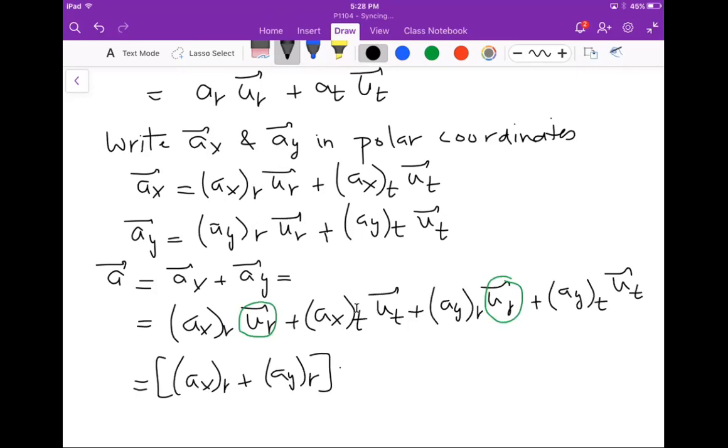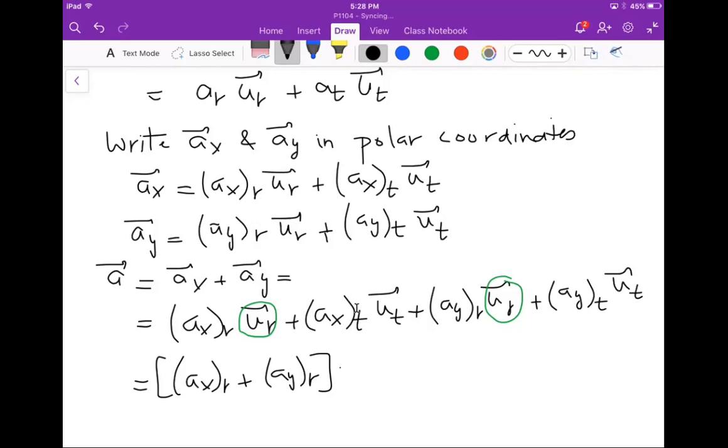times UR. And you can also look at the terms that are along the tangential direction. So you can simply write down plus AXT plus AYT times UT. So this is along the radial direction, and this is along the tangential direction.